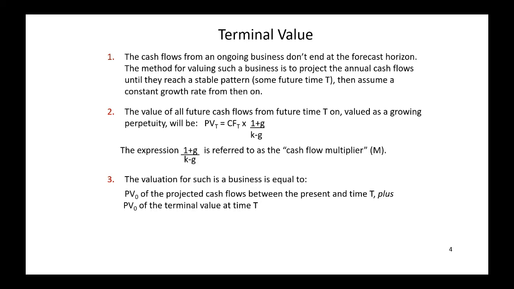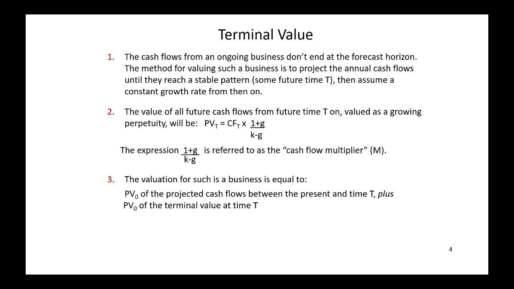The present value at time t of the annual cash flows beyond that point is given by the expression of cash flow at time t times 1 plus G over K minus G. Again, that's the mathematical formula for a constant growth annuity. And 1 plus G over K minus G is referred to in valuation analysis as the cash flow multiplier.